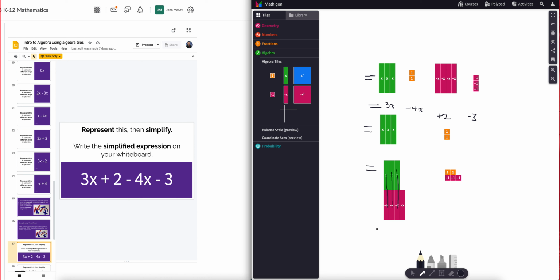Just one pink rod, right? So a negative here. There's one negative rod, and then you do the same thing here. 0 pairs. What are you left with? One little negative square.